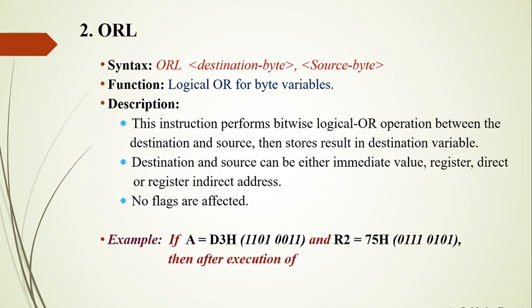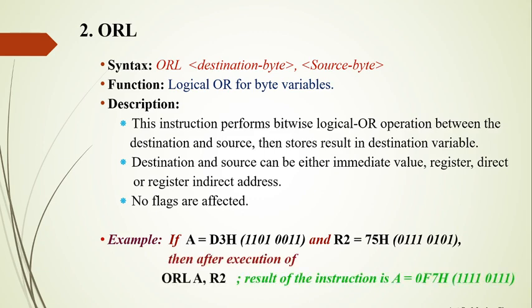After execution of the instruction ORL A, R2, OR operation is performed on the content of R2 and the accumulator, and the result will be stored into the accumulator, that is equal to F7H.